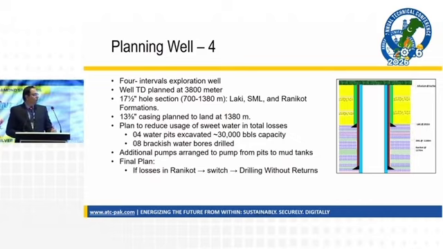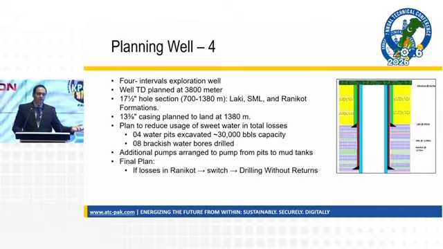Planned to reduce usage of sweet water in the total loss scenario. We excavated 4 big water pits equivalent to 30,000 barrel capacity. Normally we excavate here 2 pits equal to 10,000 or 12,000 barrel water capacity.